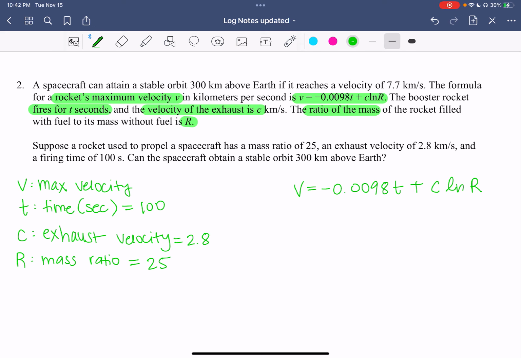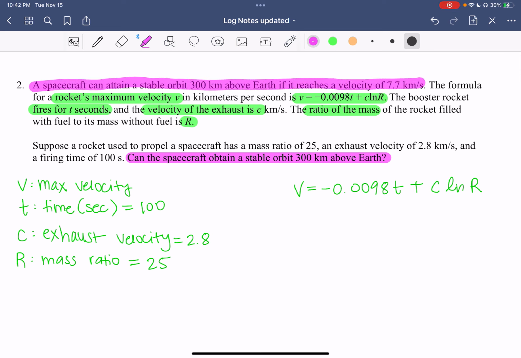It wants to know, can the spacecraft obtain a stable orbit 300 kilometers above Earth? The first sentence said a spacecraft can obtain a stable orbit if it reaches a velocity of 7.7. So we're going to find the velocity, and if it reaches or goes above 7.7, then yes. If it's below 7.7, then it will not reach a stable orbit.